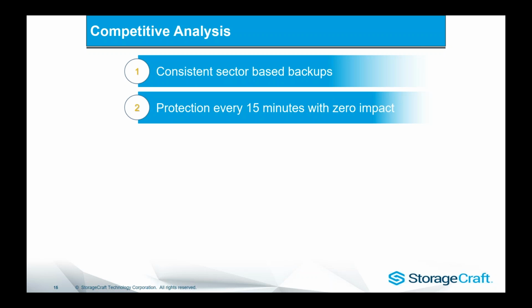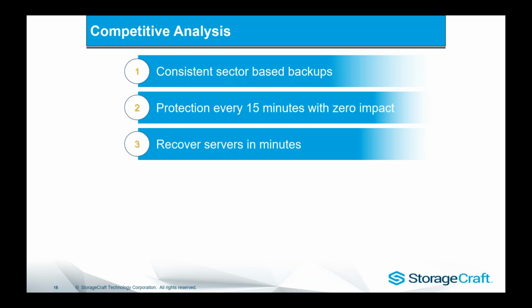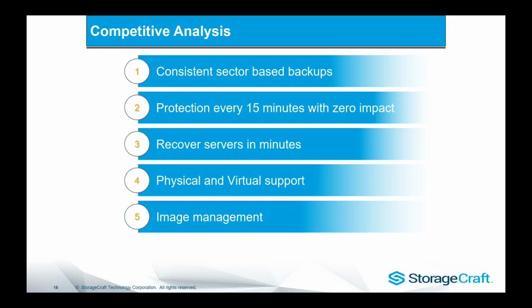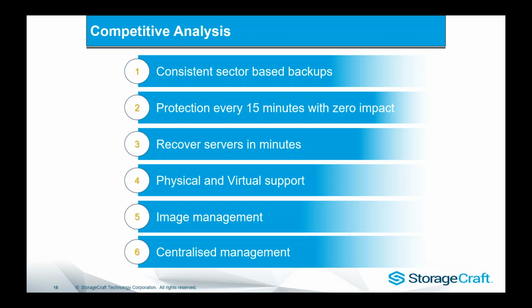That gives us reliable, frequent backups. We can then, leveraging VirtualBoot, recover servers in minutes. Physical and virtual support. The image management is very powerful with our built-in consolidation and verification at both ends, on-site and off-site, and then centralized management with our included ShadowControl. We'll go through a bit of this in the demonstration today.